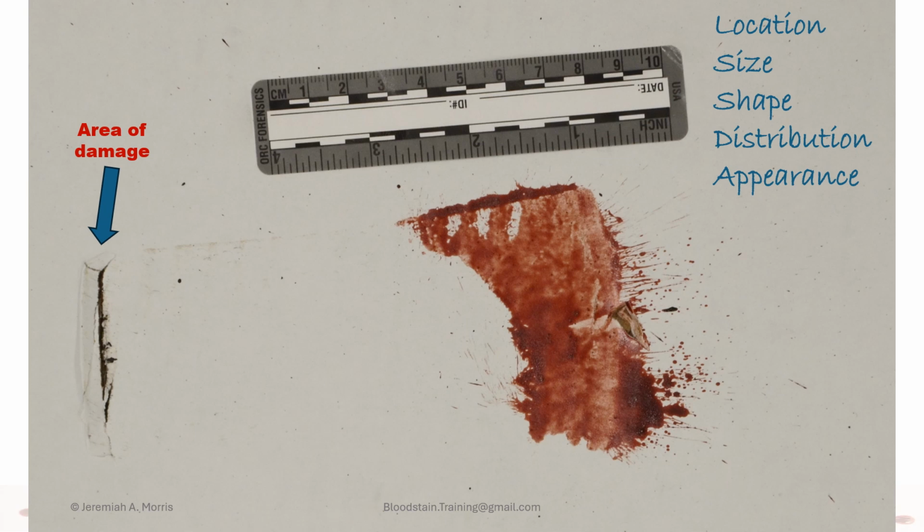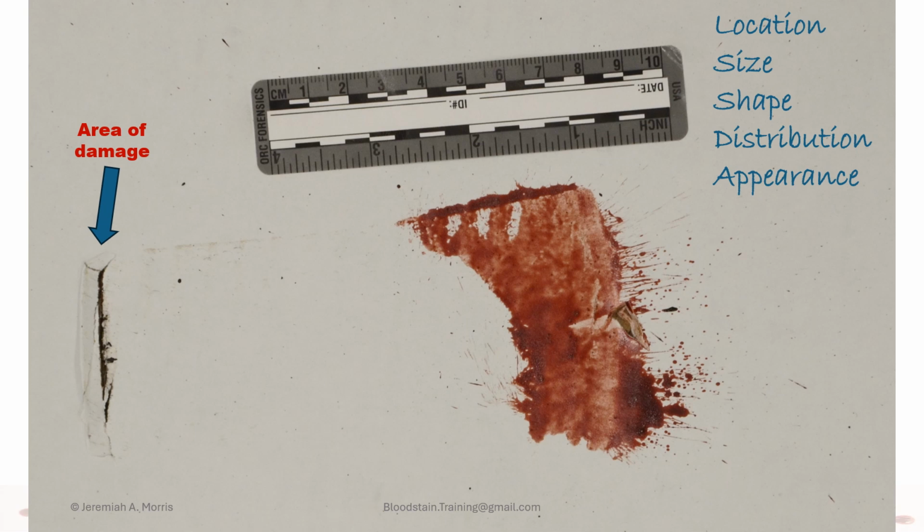As far as the distribution, we'll get to the distribution of the small elliptical stains on the right side later on. As far as the appearance, this is where we describe the edge characteristics as well as the coloration and any other features within the pattern. When we look at the edges, most of the edges are generally well defined. We can see where the bloodstain stops and where it starts.